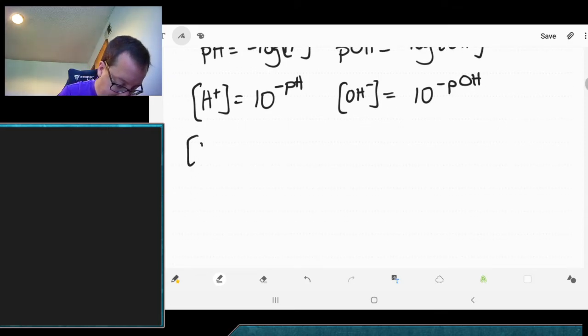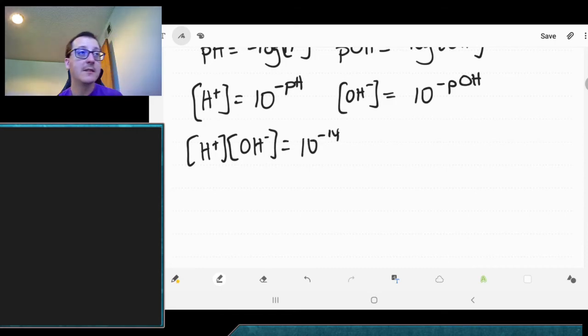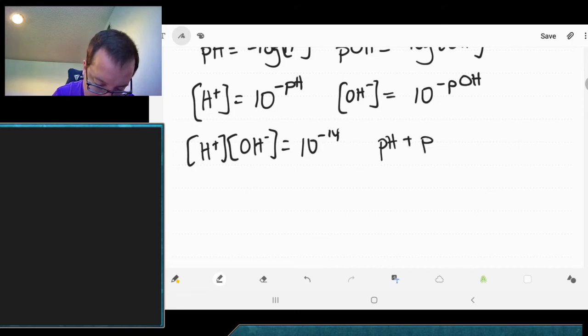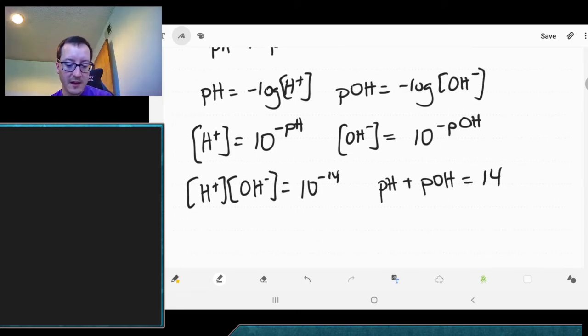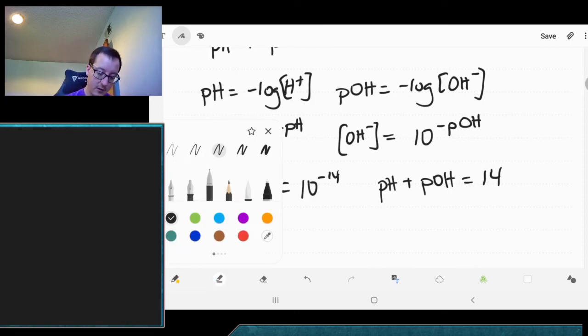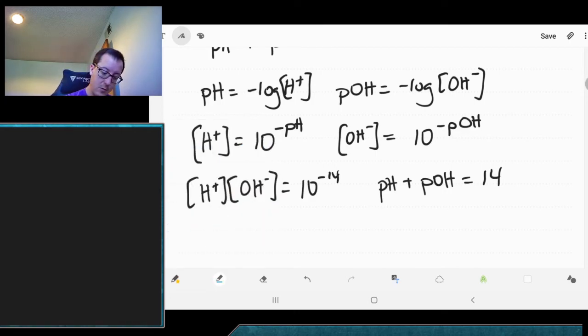We also saw that these multiplied together is 10 to the minus 14, technically at 25 degrees Celsius. Not going to worry about that. And so we now have 6 formulas here that we can use to get all sorts of things.